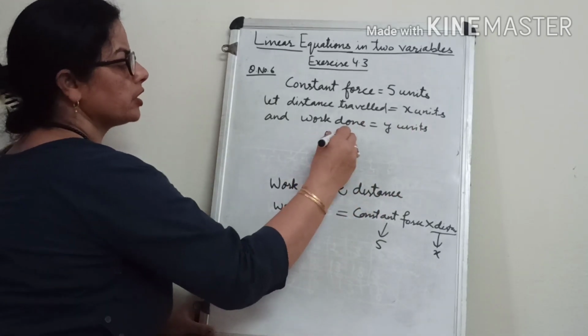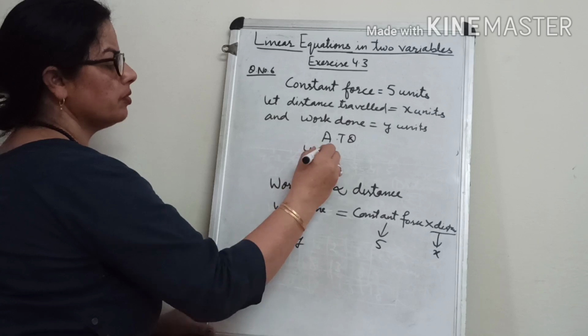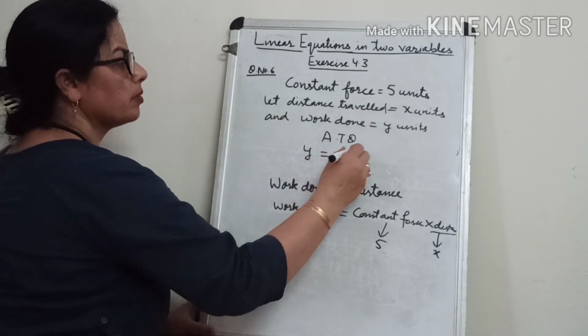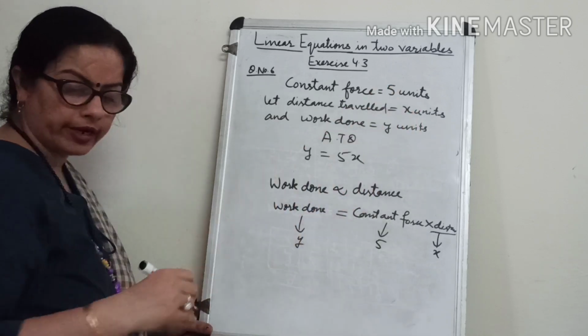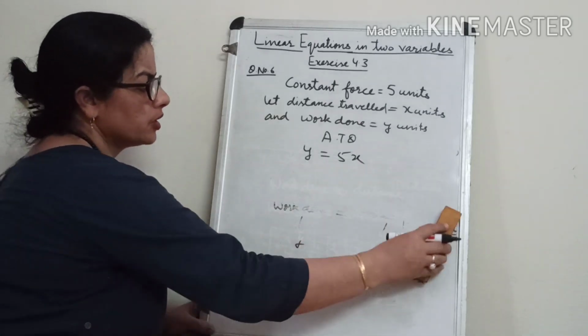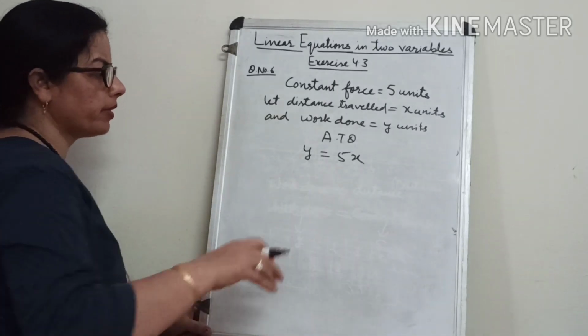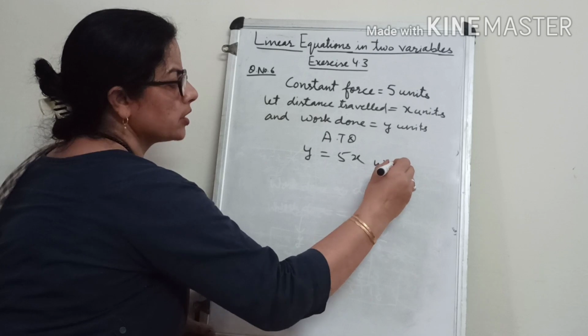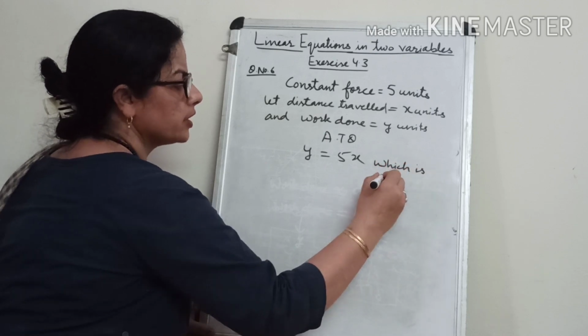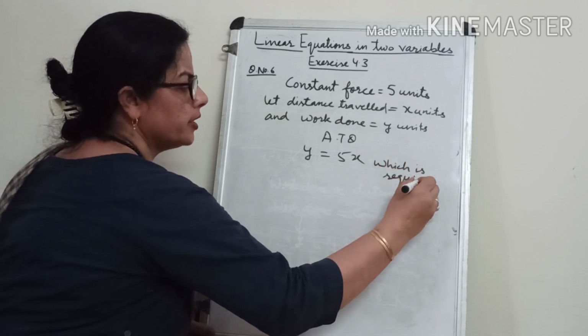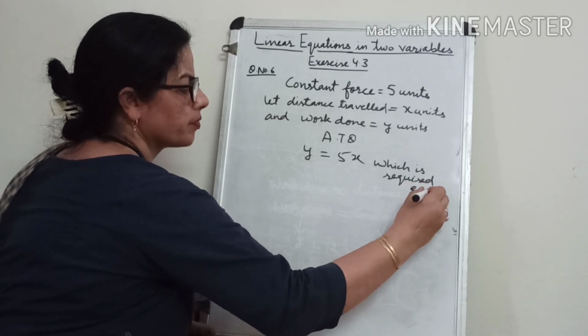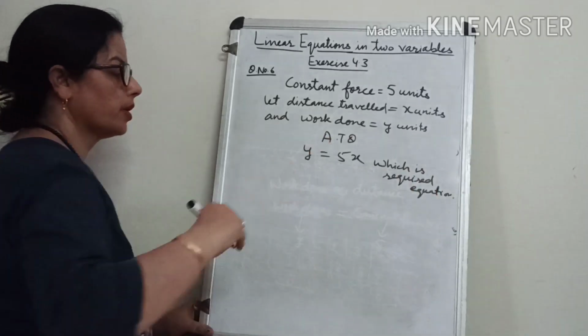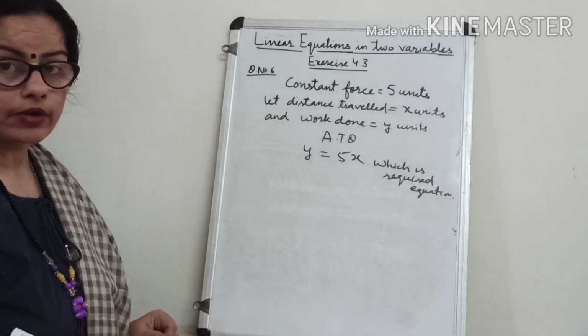Then what will be the equation? Work done is equal to constant force multiplied by distance, that is y is equal to 5x. So this will be the required equation, a linear equation in two variables. And now he is saying draw the graph of this.